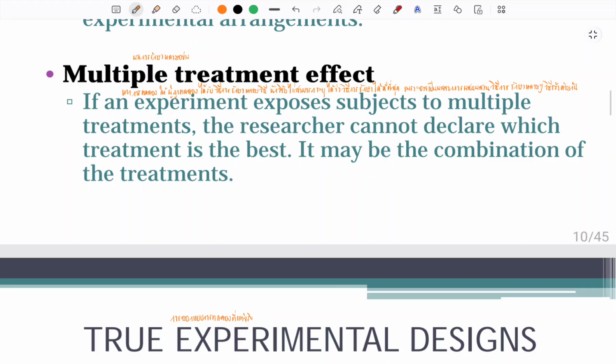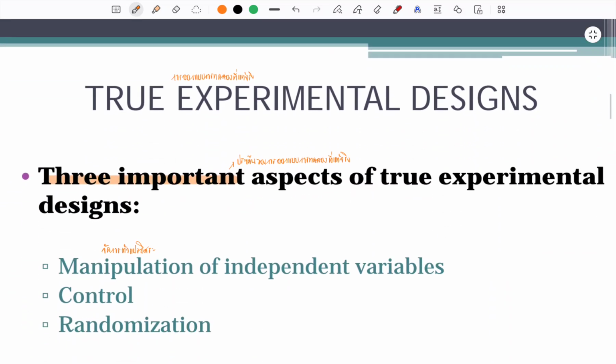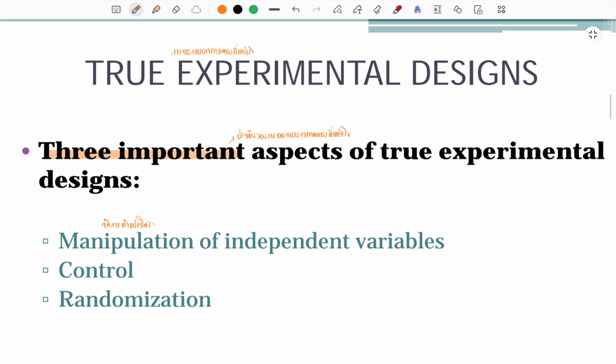So at the end of your experiment, you will not be able to differentiate which instrument the effect came from. So when you design your own study, try not to put everything together at the same time. Otherwise, you will not be able to say which one the effect came from. All right, so those are the threats to internal and external validity.